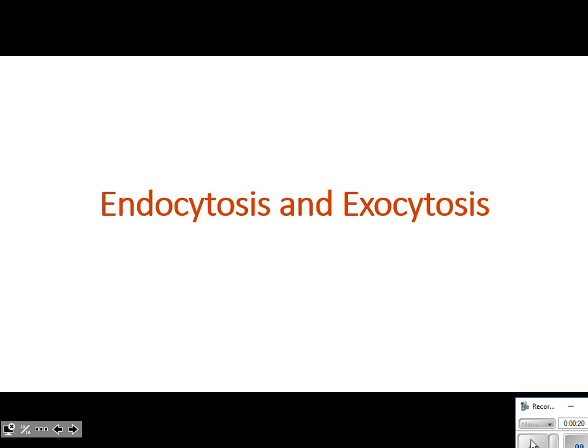And second, you should be able to make a representative drawing of something that is undergoing endocytosis and something that is undergoing exocytosis. So you should be able to distinguish between the two and to render some drawings of both endo and exocytosis.